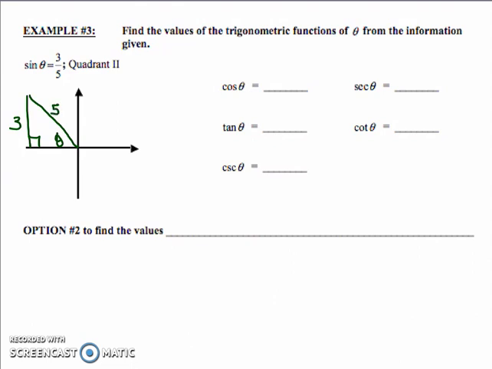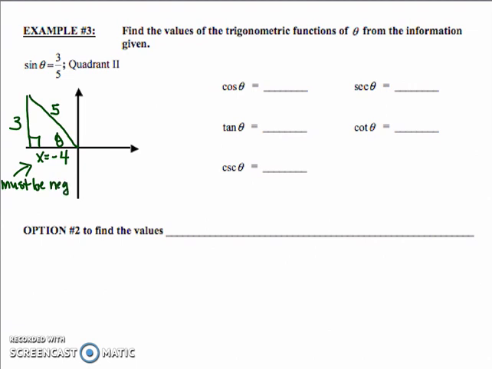Now, if you know your special triangles, your Pythagorean triples, you know that if one of your legs is 3 and your hypotenuse is 5, then the other leg of this triangle has to be 4. But since we are looking at quadrant 2 here, we know that our missing x value has to be a negative 4, okay? So I'm going to put a little note here so when you're looking at this later, you remember.